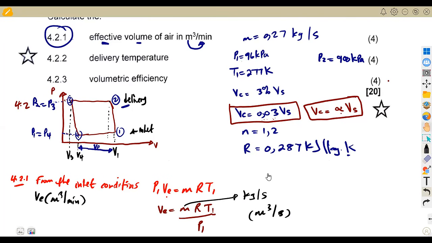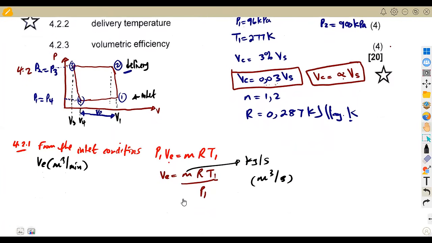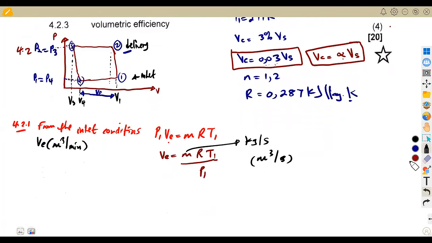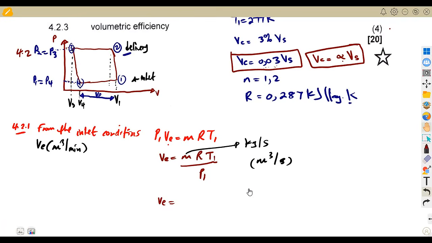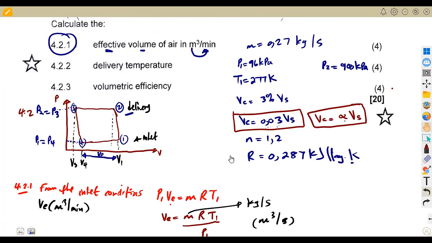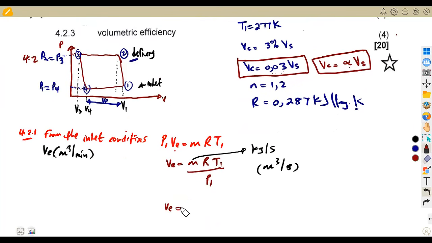So let's calculate this. We saw the last part, where we calculated after converting the units. This time, let us just calculate directly. The mass in kilograms per second is 0.27, so take note of this value. It's 0.27 times R, which is 0.287, times T1, the temperature in Kelvin.